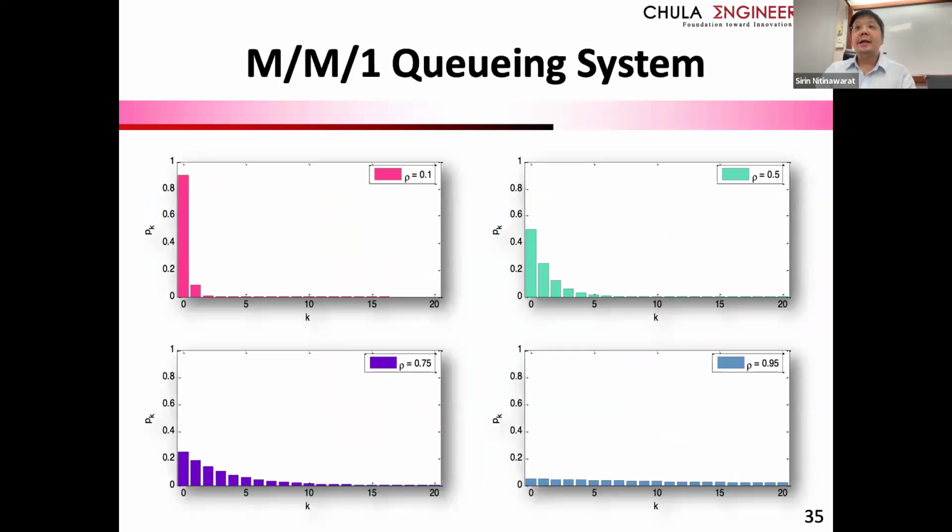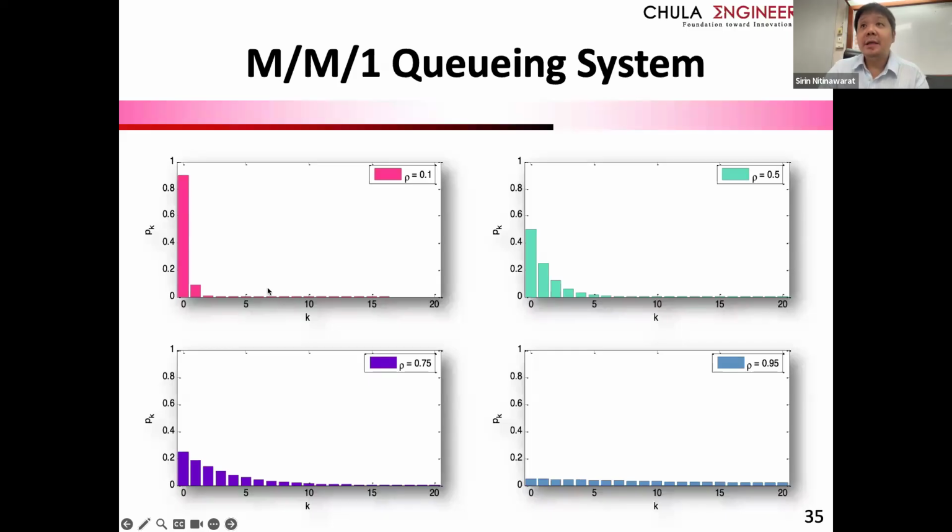Okay, let's look at these stationary probabilities as a function of rho. So do you see? How can you explain this? Okay, starting from the top left with a very small rho. What does small rho represent?